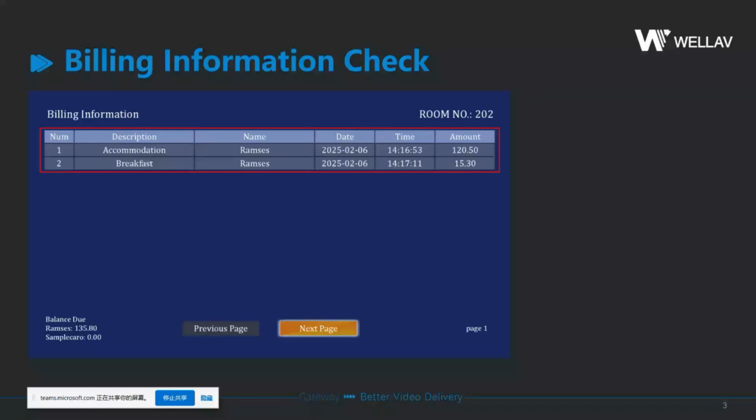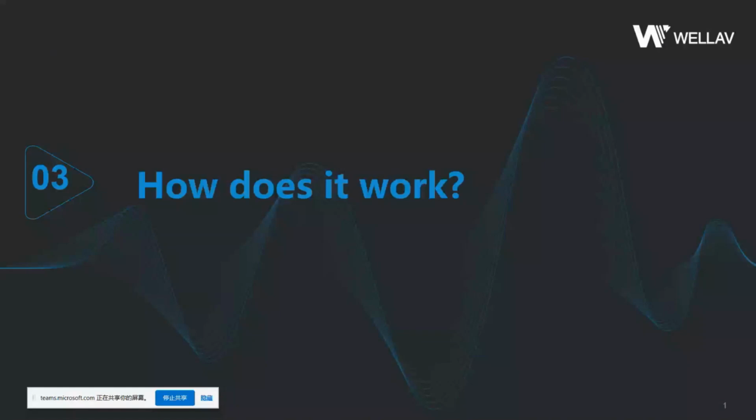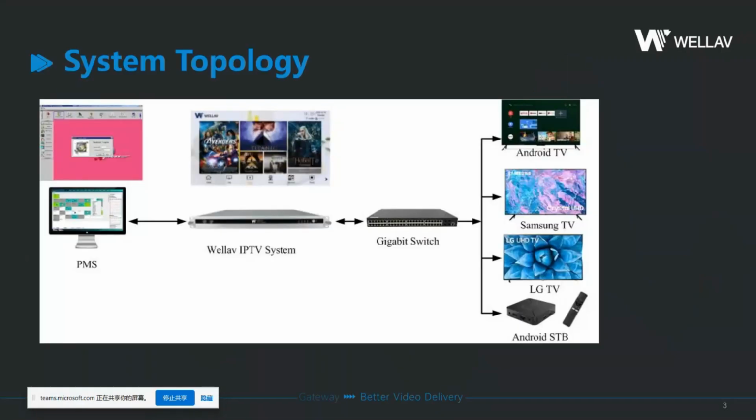So the next topic is how does it work? Since PMS and IPTV are most of the systems nowadays based on the IP network, how do they work? This is a system topology.